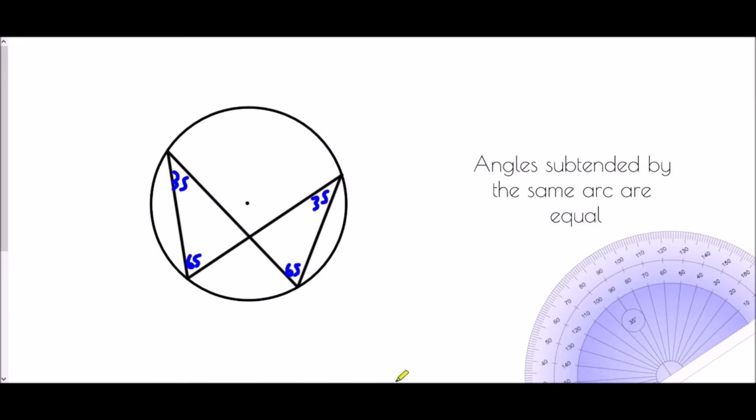So the arcs that we are talking about, we have an arc here, and so the angles which subtend this arc are equal, the 35 degrees and the 35 degrees. The angles which subtend this arc, well, they are both equal, they are both 65.